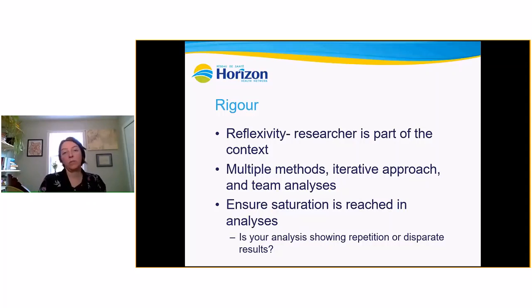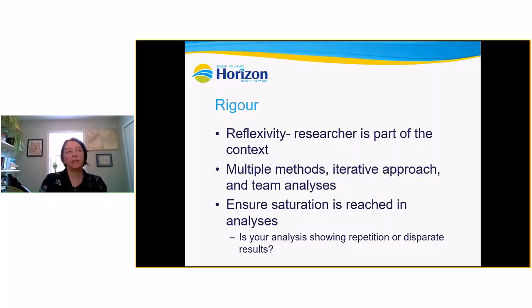There are all kinds of different kinds of data collection that you can do, and using multiple forms of it can be really great in that way. You're getting different perspectives from different pieces of information and people. It's an iterative approach. As I said, you're really being informed by what you're finding.